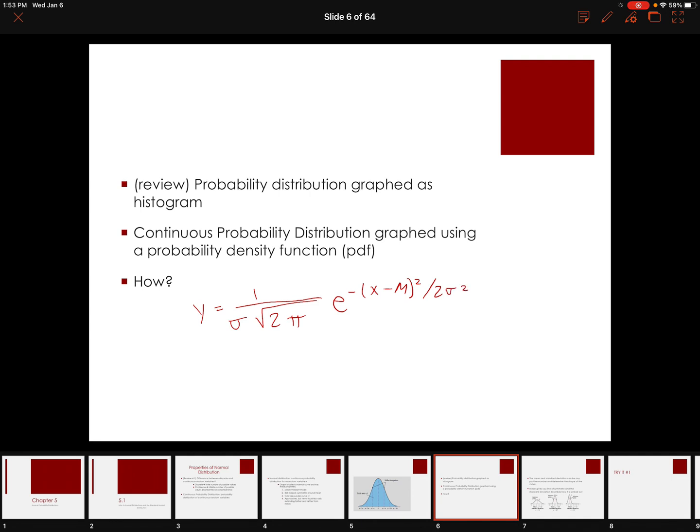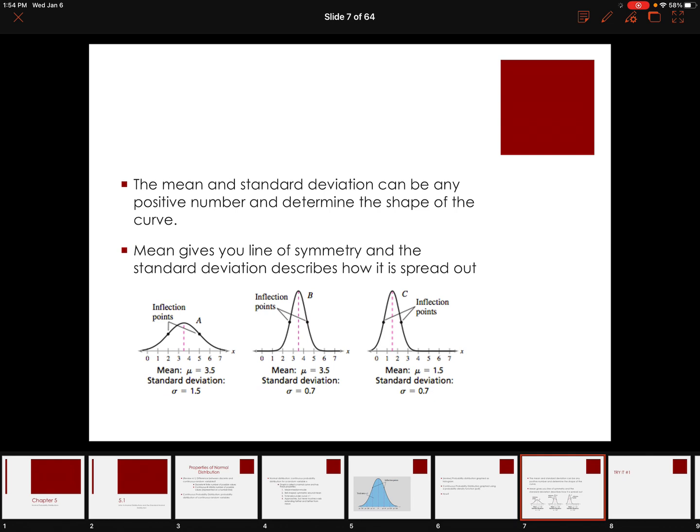Which seems super complicated. So remember, the mean, the median, and the mode in the continuous probability distribution are all going to be the same. So whenever we graph it, that's going to be the point which our graph is symmetric around. So let's look at some more of these examples to see how we're going to do this.